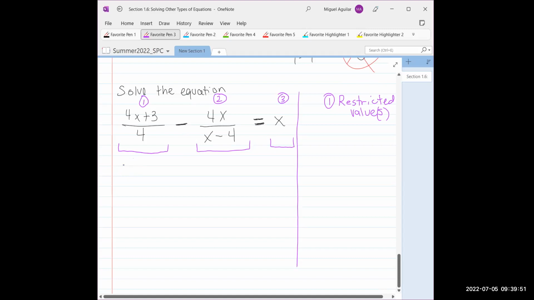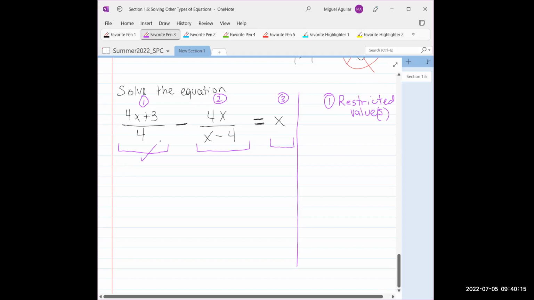If you don't have a variable in the denominator, you don't have to worry about it, because that 4 is never going to magically change into a 0. It can't. 4 is a fixed value. The only way you're going to get a 0 in the denominator is if there's a variable down there. So we don't have to worry about this.